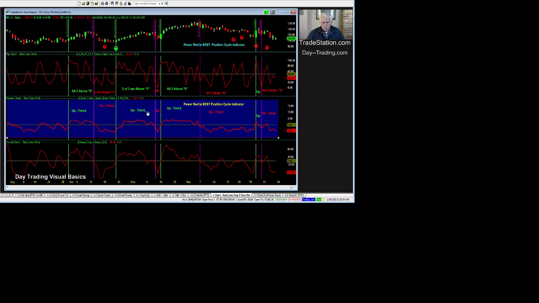But this is what I wanted to point out to you, because you can follow these basic indications on the power chart. The power red is the best one to look at for a positional cycle indicator. Its position above or under 0 tells you basically your general direction. Are you in an uptrend or are you in a downtrend?